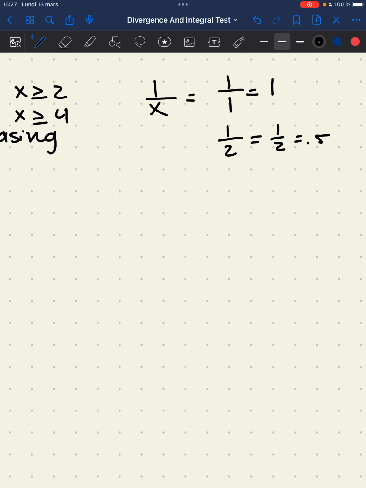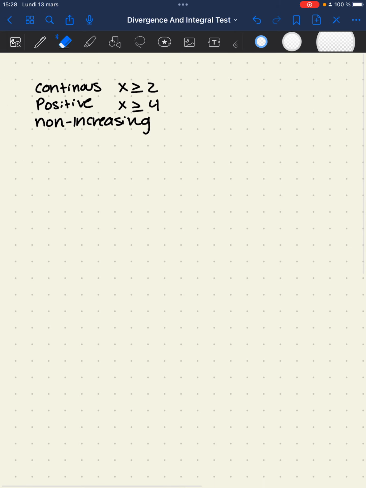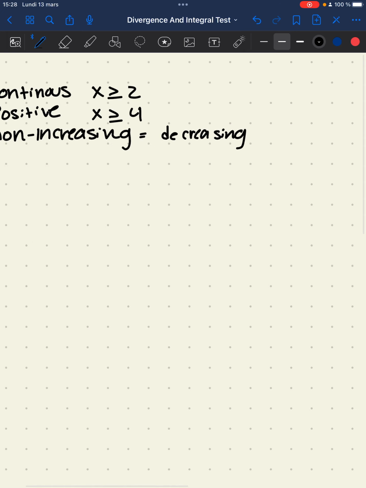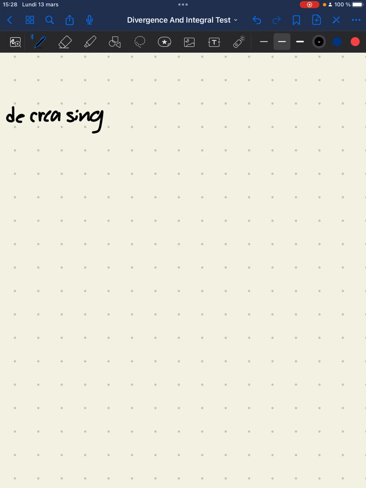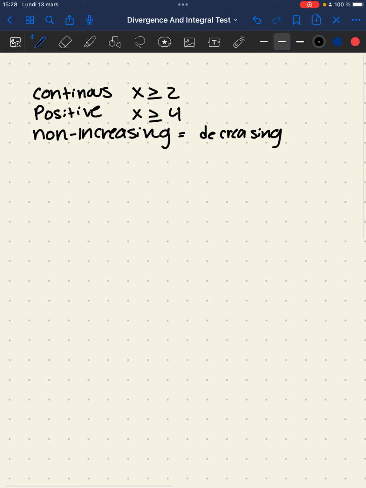Now you see how it's non-increasing? Non-increasing is the same thing as saying decreasing. It's just the way you actually say the word. And sometimes for some functions, it is not clear and obvious whether it's increasing or decreasing. Therefore, you have to take the first derivative, like you learned back in Calculus 1, to see if it's actually non-increasing or non-decreasing.